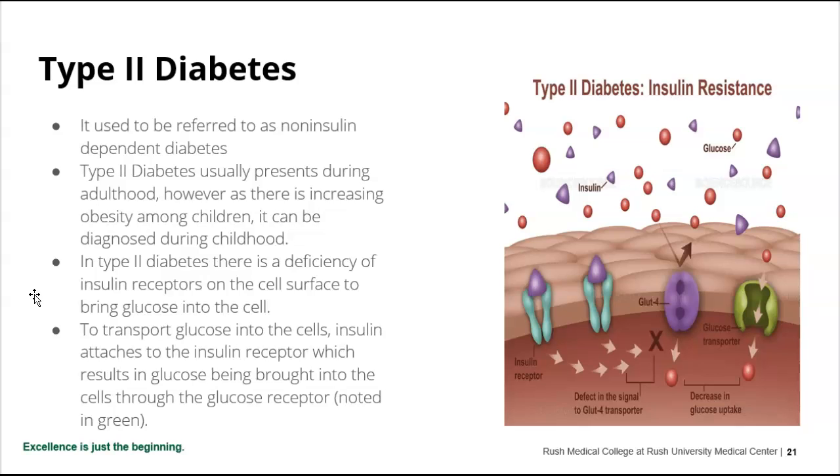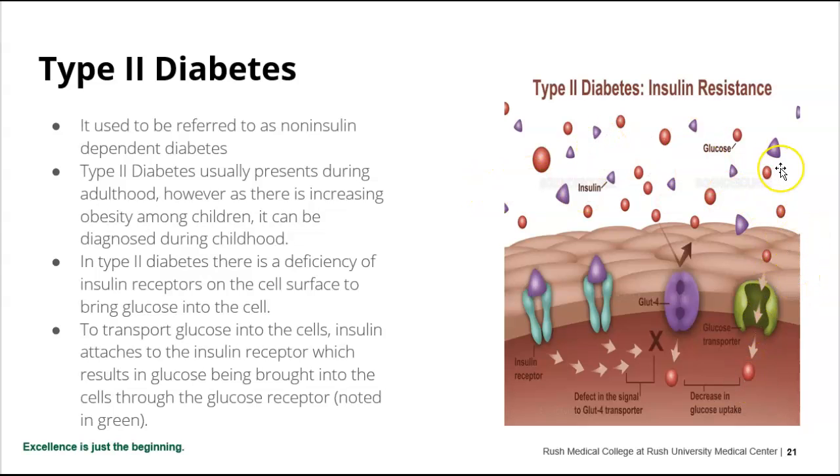So there are two receptors here. There's the insulin receptor, and then there's the glucose transporter. Insulin has to attach to the insulin receptor to open up the glucose transporter to let the glucose into the cells. So when there aren't enough insulin receptors, the glucose in the bloodstream is not getting into the cell.